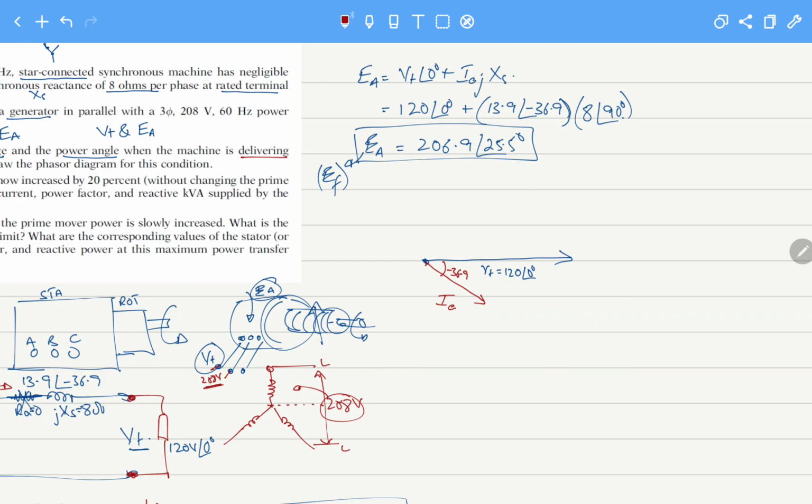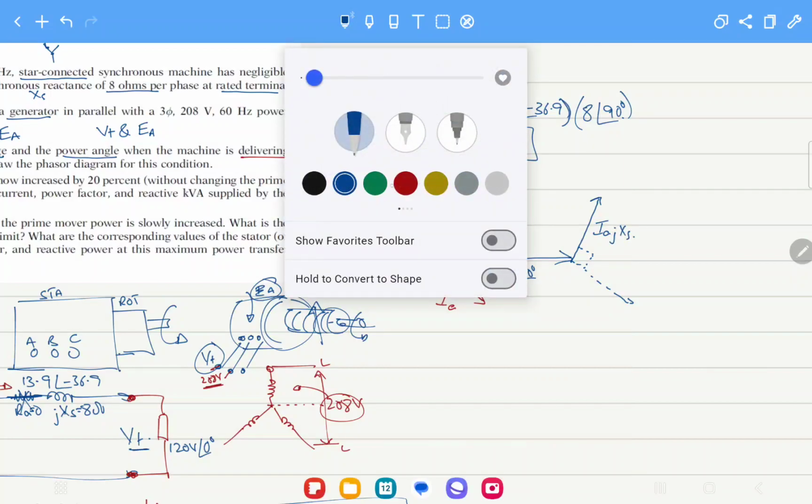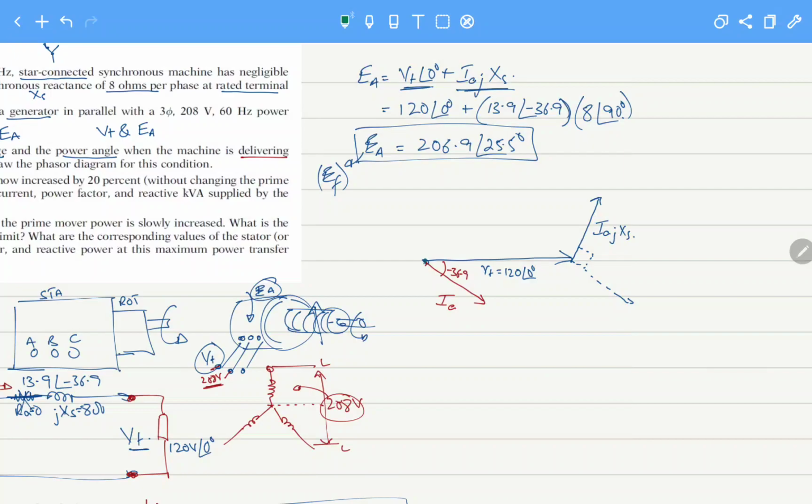So when we apply the KVL for the voltages, this is the VT here, and this part is IA multiplied by jXS. IA is like this, and with the 90 degree phase shift, here will be IAjXS. So the value of EA is here.